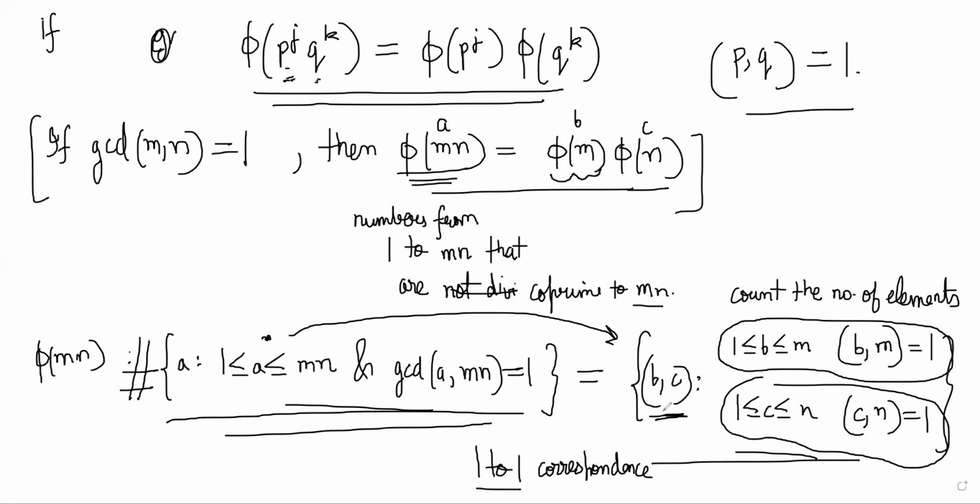So, okay, we want to take one integer in the first set and send it to some pair B, C in the second set, where... I think counting the number of elements that are not co-prime to MN is easier. Not co-prime to MN. Then we just do MN minus that. Yeah, that might be easier.